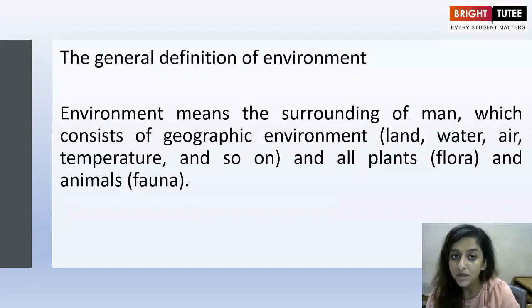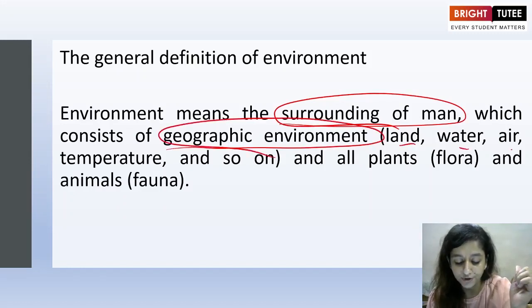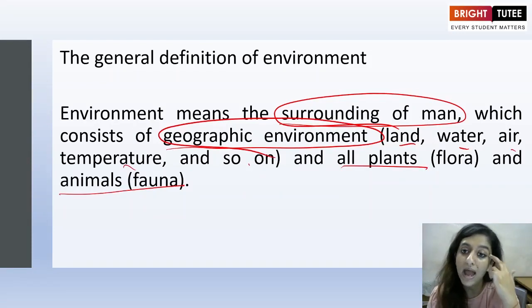Now, a general definition of environment that we have talked about before is that it means the surrounding of man, which consists of the geographical environment, that is land, water, air, temperature, and so on, and all plants and animals, that is all flora and fauna.